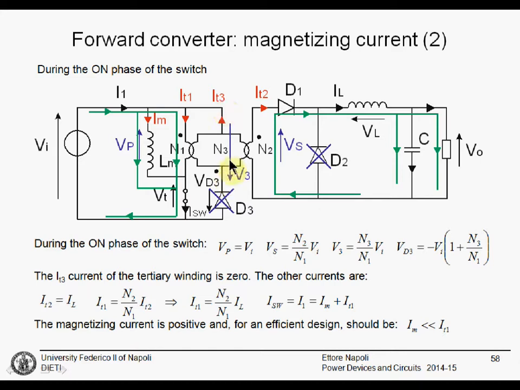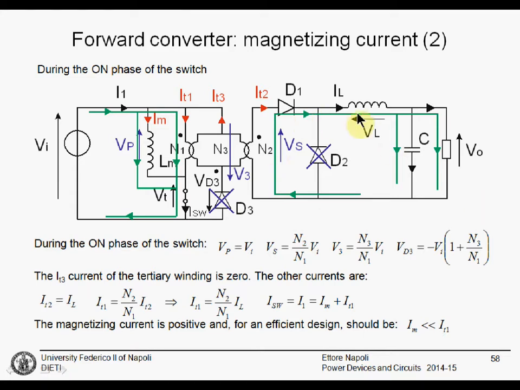Once we know that IT3 is 0, we can calculate IT1 and IT2. It's better to start from IT2 because since this other side of the converter is on, this voltage is positive, this diode is off, there will be a current flowing in this direction. This current will pass through diode D1, through the inductance L, and will charge the capacitance and provide the current to the load.